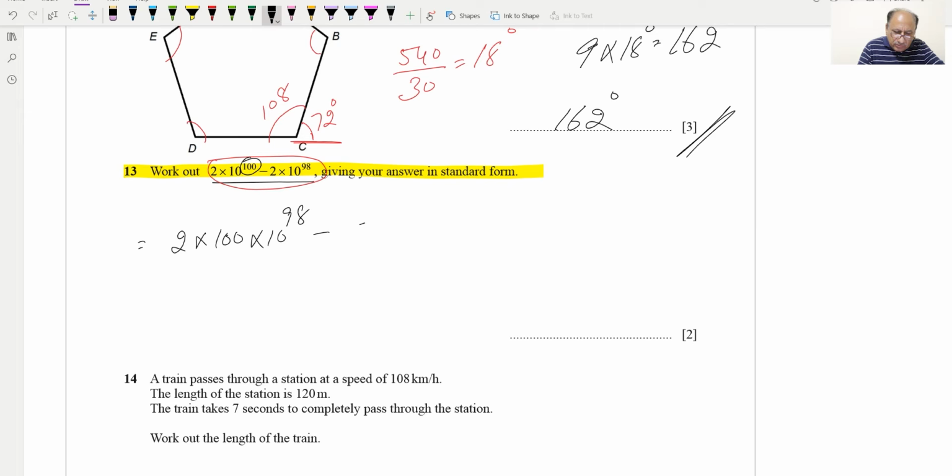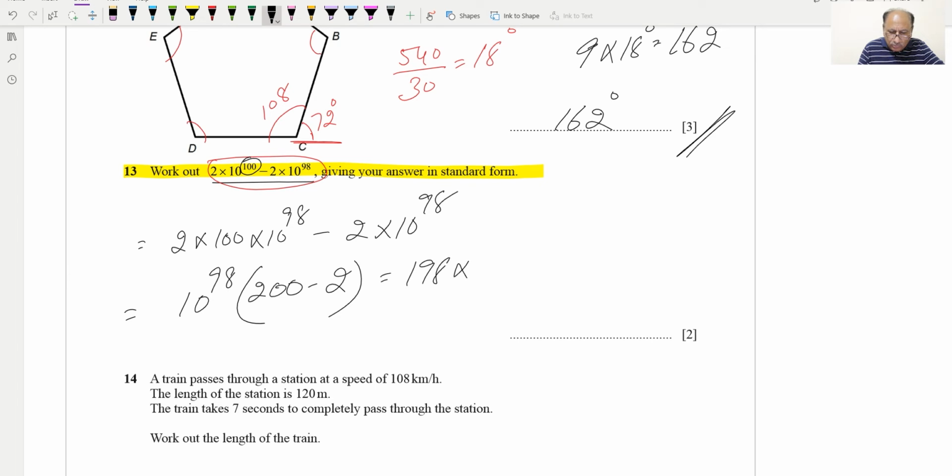So minus this will be 2 into 10 raised to the power 98, and from these two terms we can take 10 raised to the power 98 as common. Inside, 2 into 100 will be 200, so 200 minus 2 will be equal to 198 into 10 raised to the power 98.